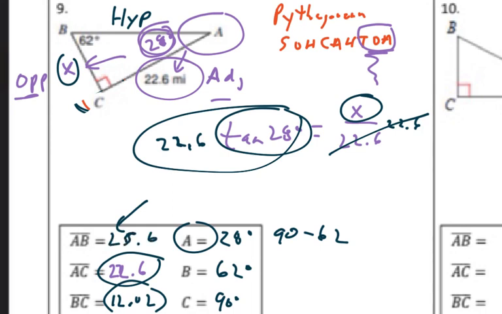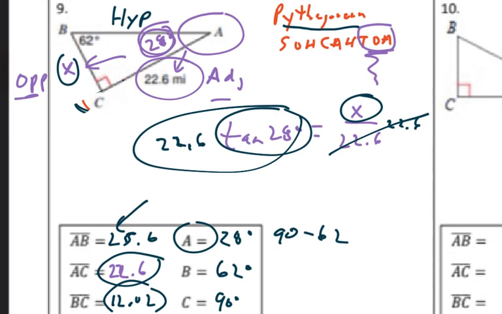And that's it. So what should you do in a problem like this? You should know that every triangle adds up to 180. That means in a right triangle, the two small angles add up to 90. You should know your SOHCAHTOA. In this case, we use tangent, opposite over adjacent. You also need to make sure, once you know two sides, to use Pythagorean theorem to find the third side.